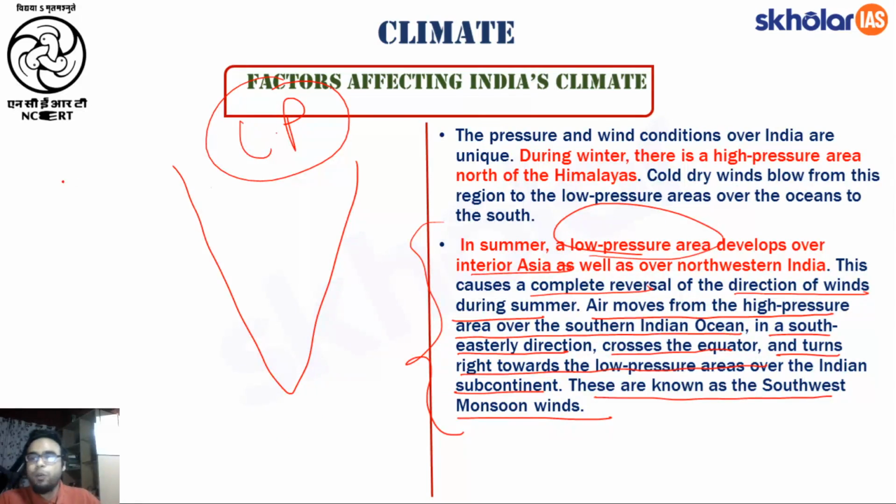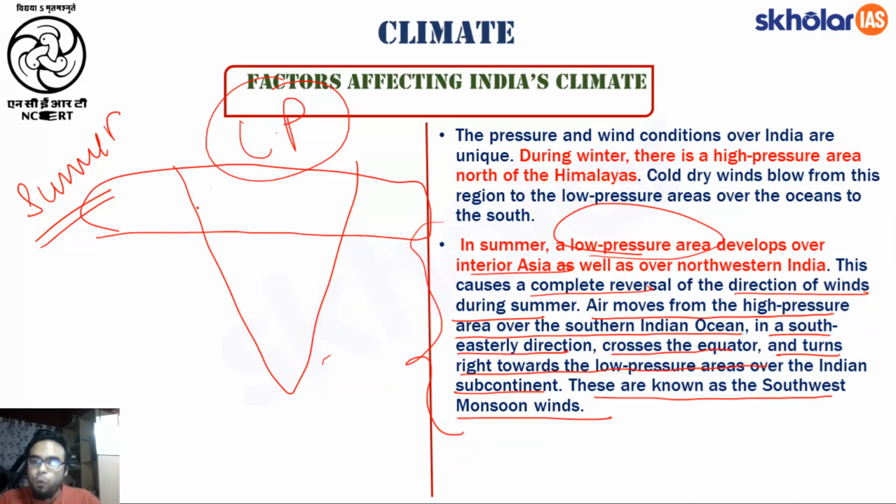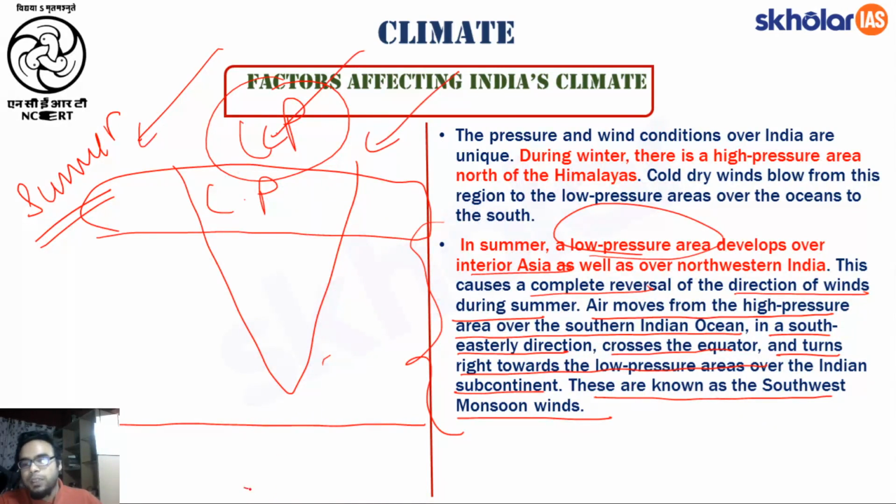So what happens during these summer times, right? As the sun is shifting towards the northern hemisphere, what happens? Here we will have a low pressure, right? And because of this, in the north we will have the presence of the northeast trade winds, and from the south, the southeast trade winds will cross the equator, and because of the Coriolis effect, they will get deflected to the right.